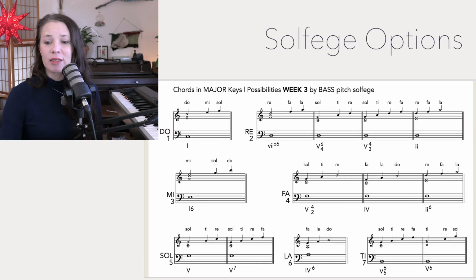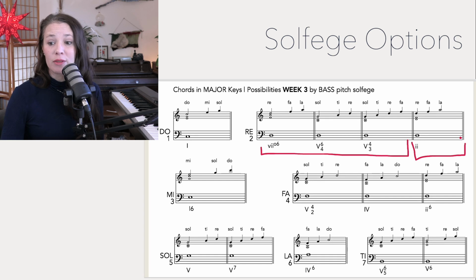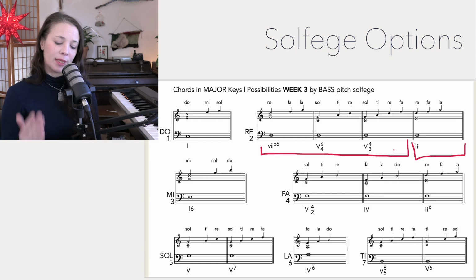So re continues to grow. We have these 3, but now we have a distinction. These are tonic expansion. This is predominant. So different functions, and they occur at different places in the progression. If you identify something during the mapping section as predominant, and then you hear re in the bass, it has to be the 2.